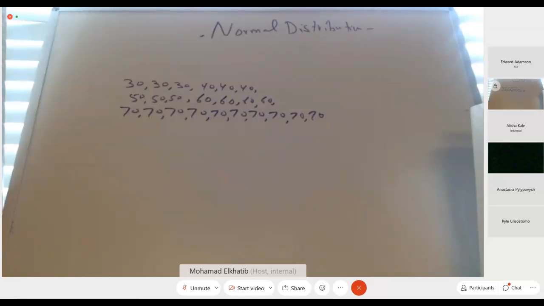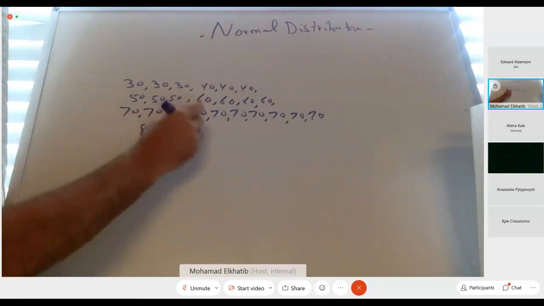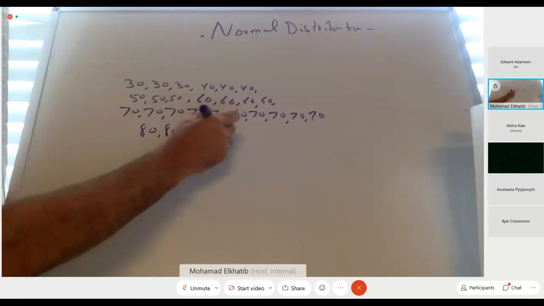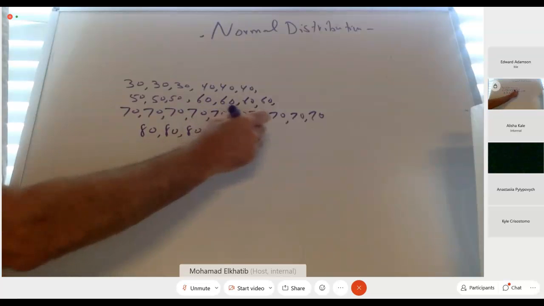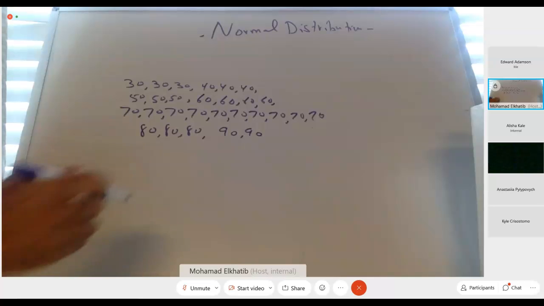Okay? And then you have a few 80s and a few 90s. So these are the type of scores that would fit a normal distribution curve.